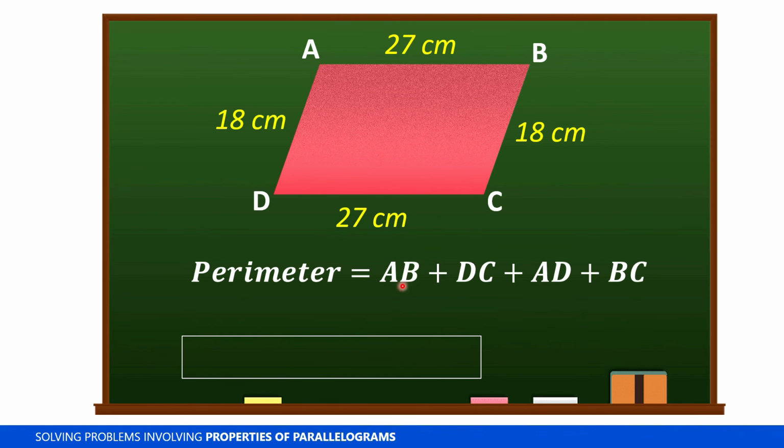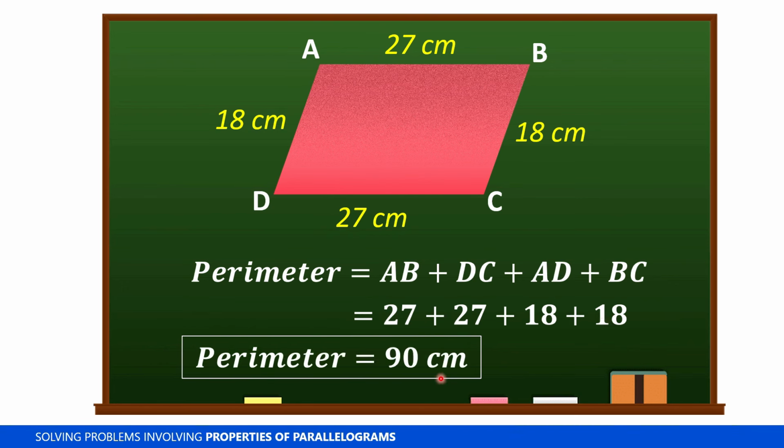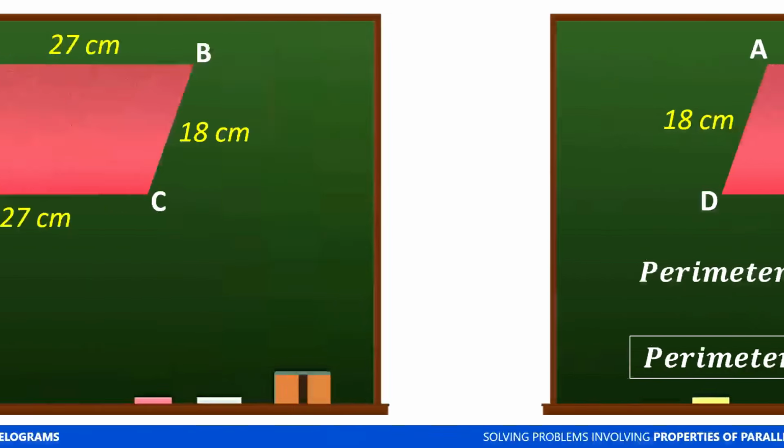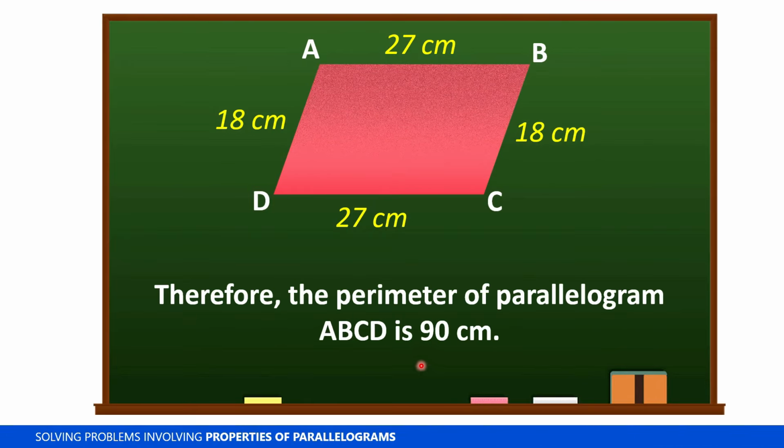So we have the length of AB, plus the length of DC, plus the length of AD, plus the length of BC. So the perimeter is equal to 27 plus 27 plus 18 plus 18. Our answer is 90 centimeters. Therefore, the perimeter of parallelogram ABCD is 90 centimeters.